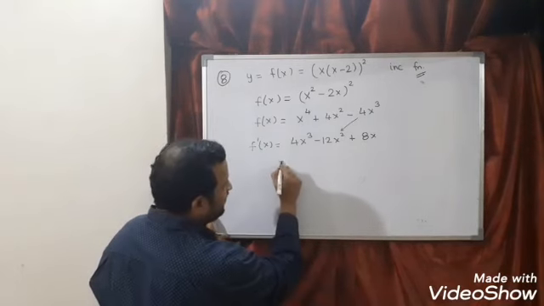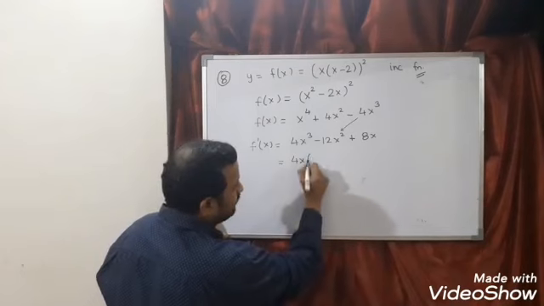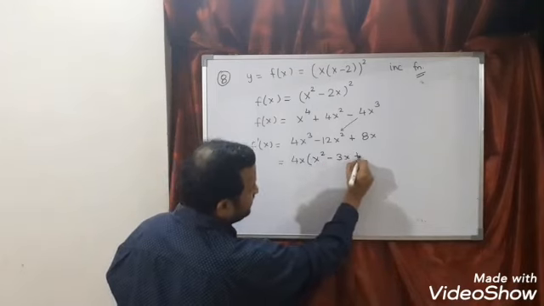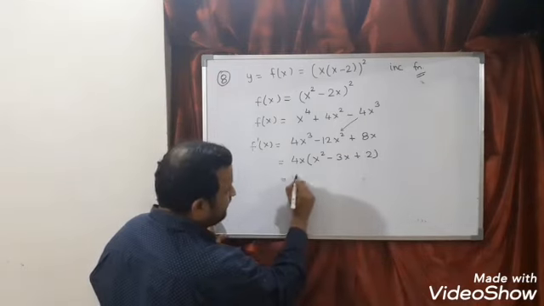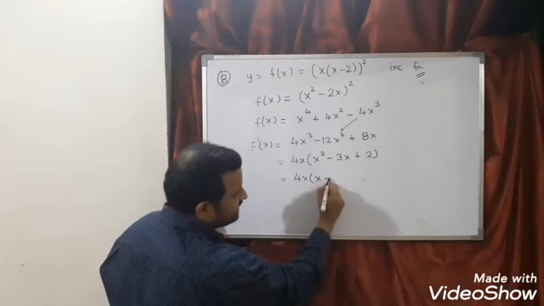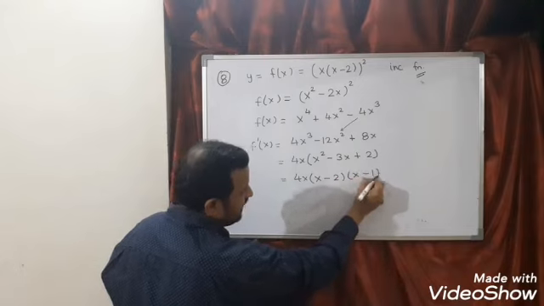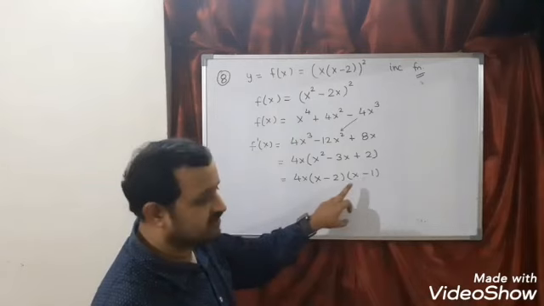I think we can take something common, so 4 we can take common, x also we can take common. So what you will get here is x square minus 3x plus 2. So break it further. I think we can write this as x minus 2 and x minus 1.